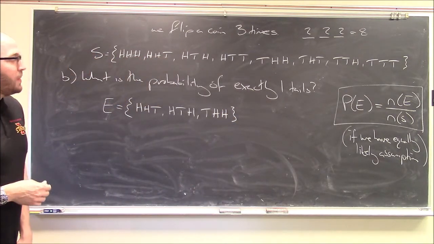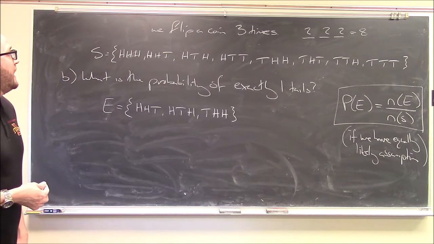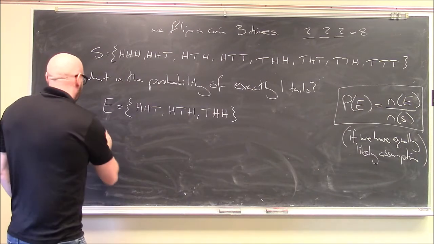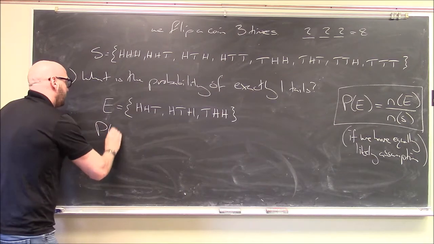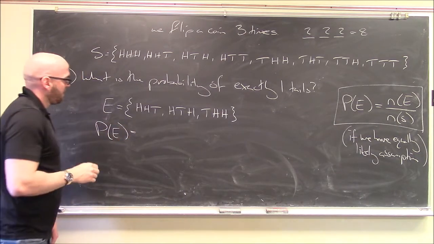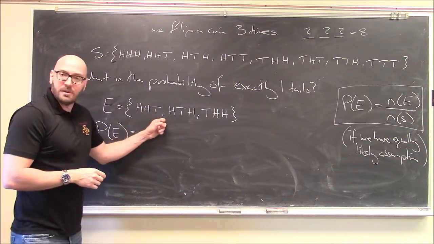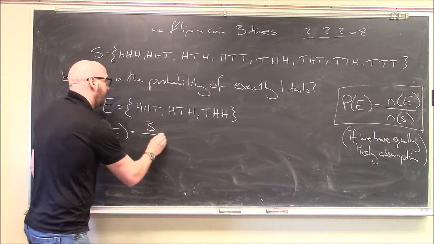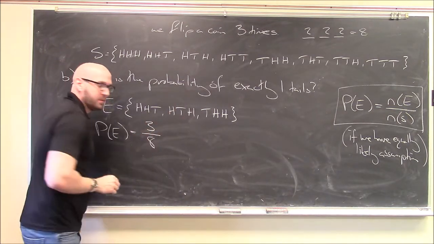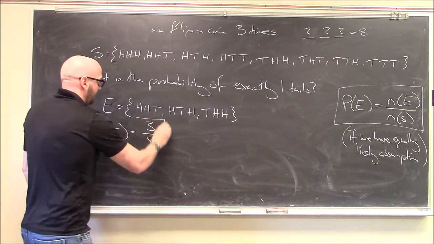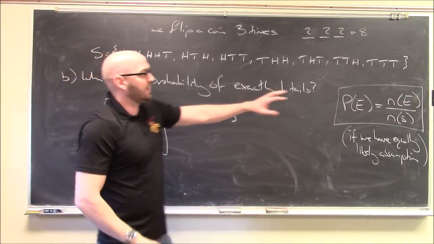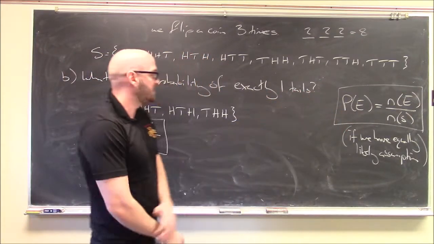So those are the only permutations that have exactly one tails, and therefore the probability of this event is, well, there's 3 elements in E, so 3 over the total number of elements in the sample space, 8. Using this formula over here because we have the equally likely assumption.